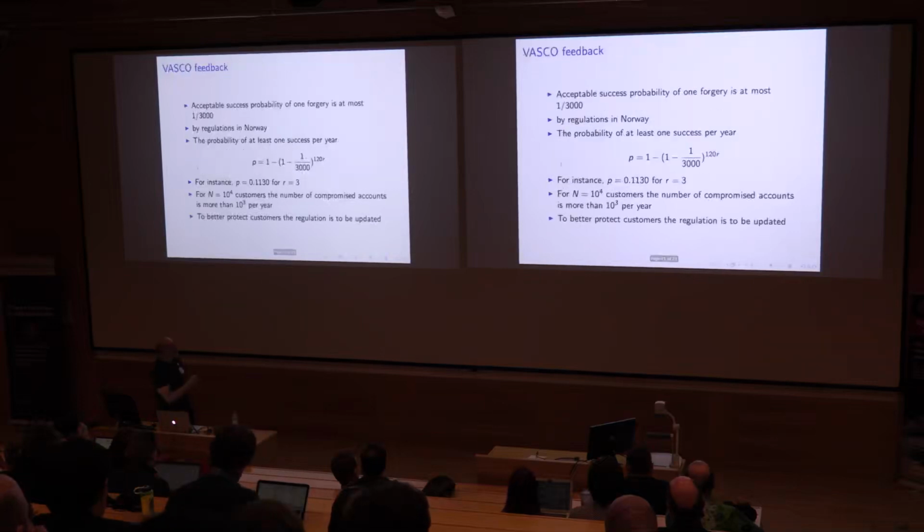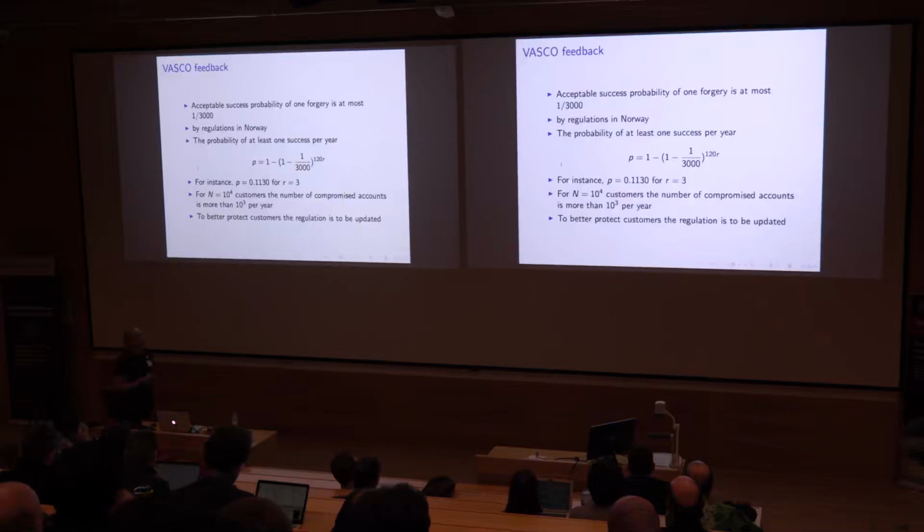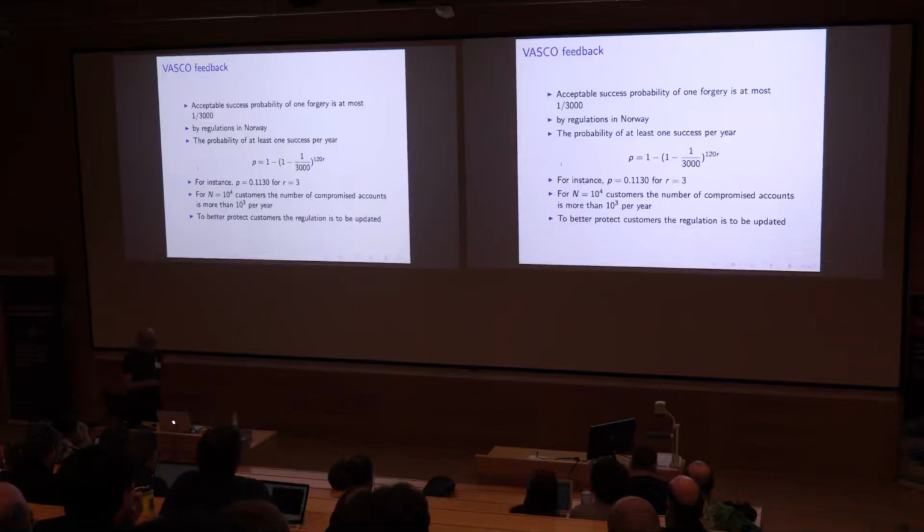Now, I communicated with the company, Waska, and besides some other things, I was told that the acceptable success probability of one forgery in Norway is 1 over 3,000. They refer to some document which I wasn't allowed to see. It's probably classified inside the company and Norwegian banks. But let's believe that it's true.